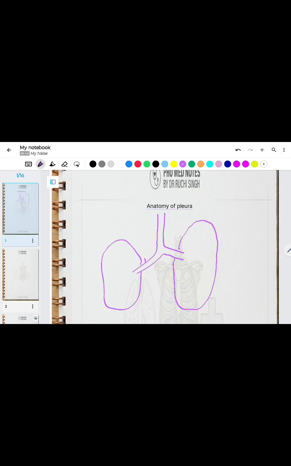Okay, and this is the pleura. Okay, so if this layer is parietal pleura and this layer is visceral pleura, between parietal and visceral pleura we have pleural cavity.